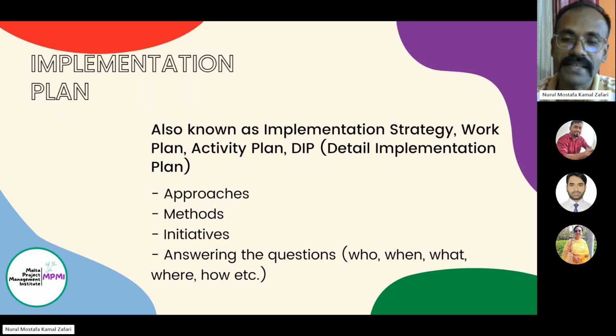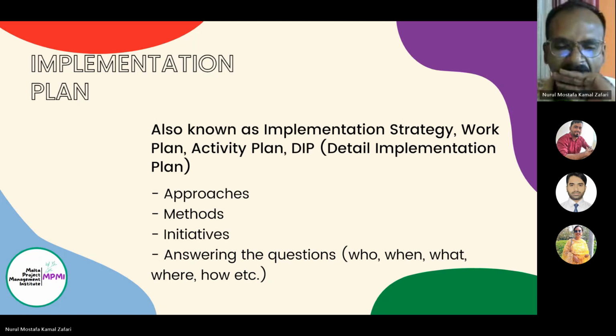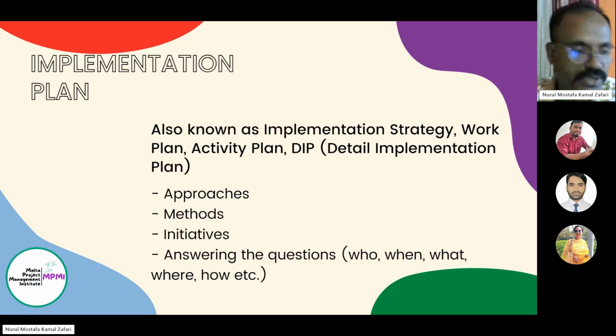Then, as a project manager or project developer or project designer, we need to write an implementation plan. In many cases, donors ask for an implementation plan once the grant is awarded. Also, donors can ask before the implementation of the project.